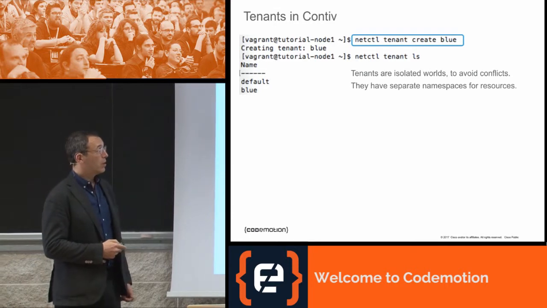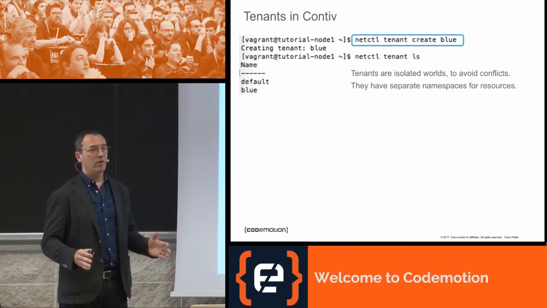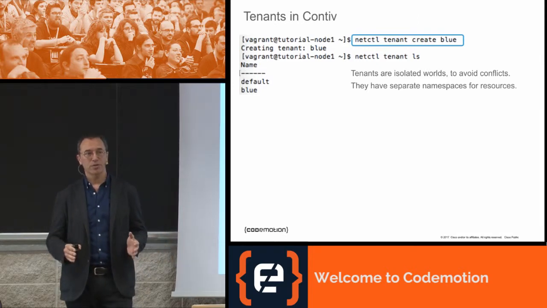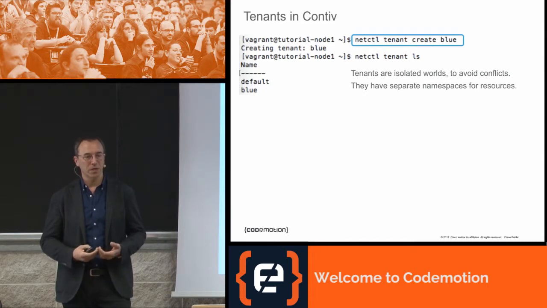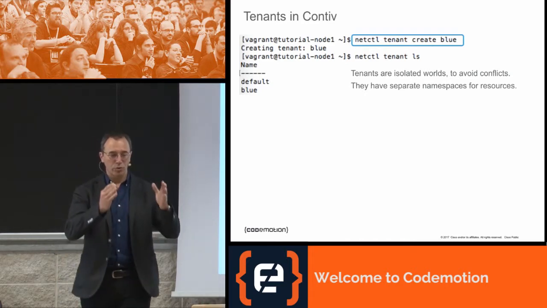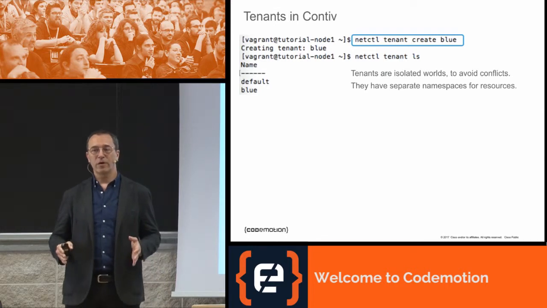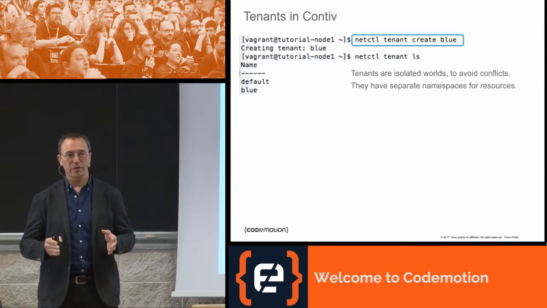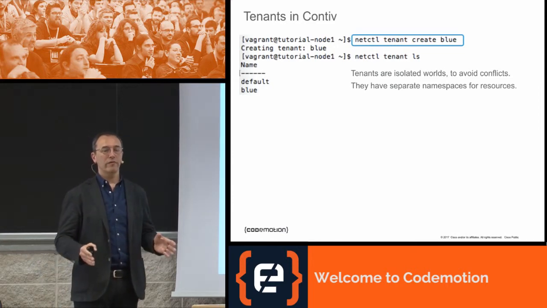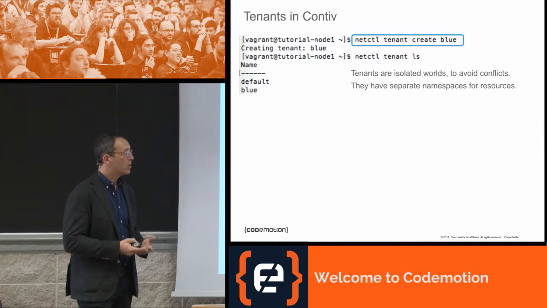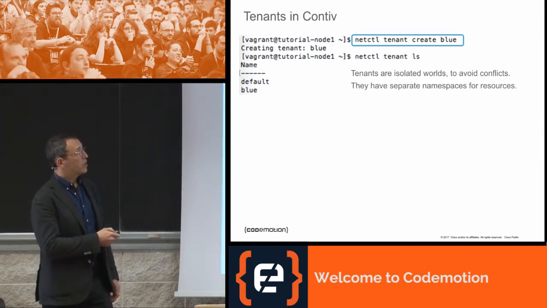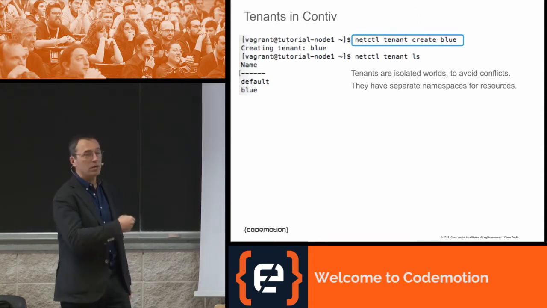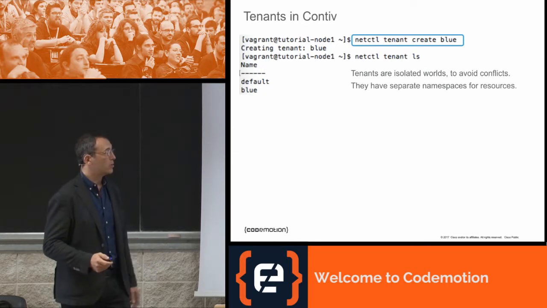Now, creating separate environments that don't see each other, that can live on a shared infrastructure that is common, gives you the economy of scale, gives you performances, but you want to slice that in different environments dedicated to different organizations, or different projects, or different customers that don't want to have interference across them. So creating tenants is very easy. netctl tenant create and the name of the tenant. So you can create many of them to separate resources.